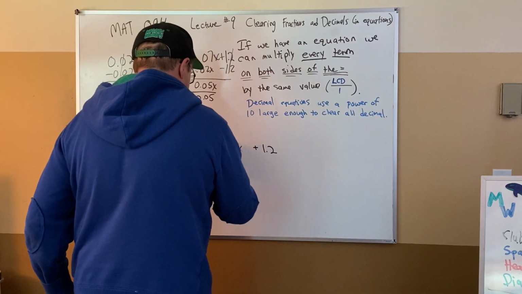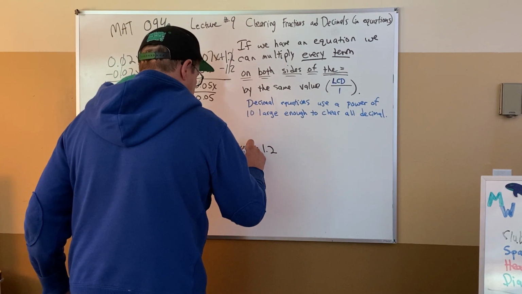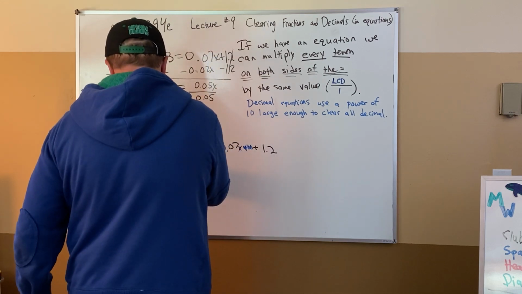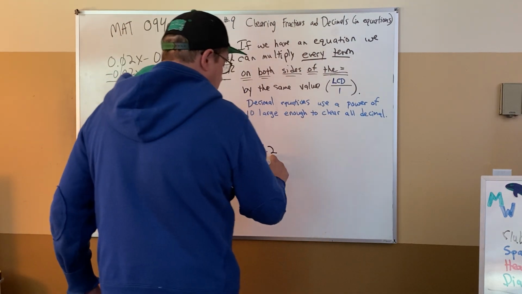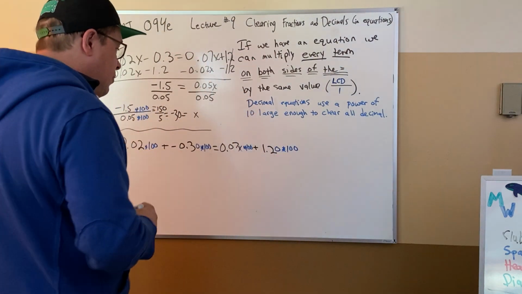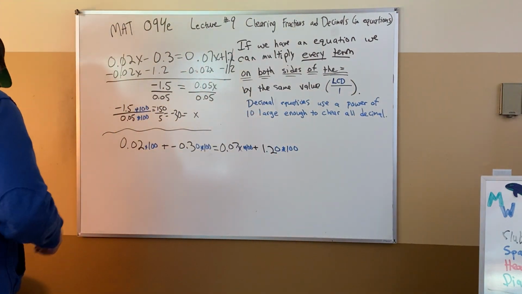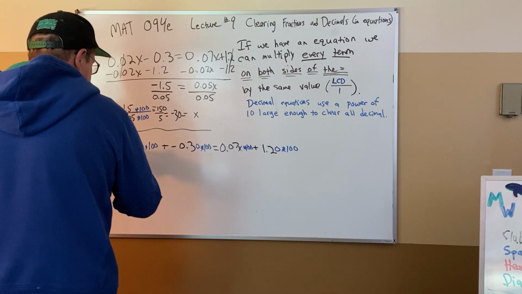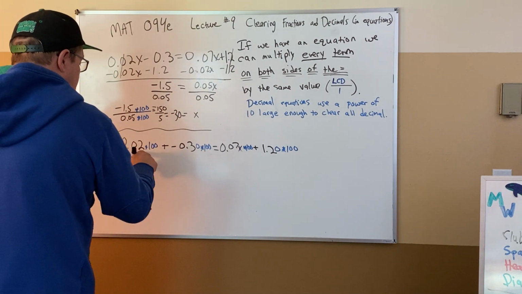Times 100. And finally, 1.20 times 100, and it makes it a lot easier to multiply by 100 if I have two decimal digits to absorb. Because now this makes itself two digits larger.